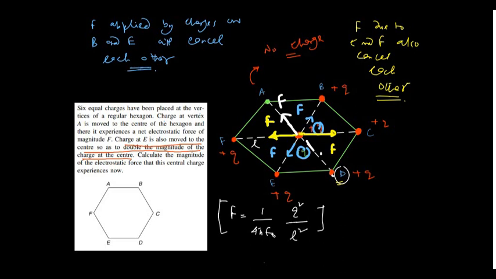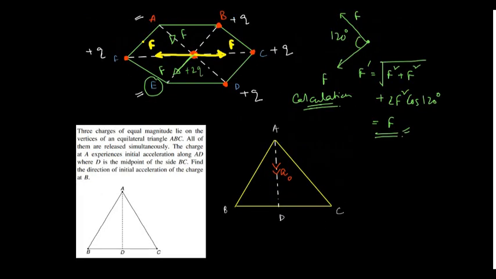Then I apply a similar analogy when the charge from E is also moved to the center. When E is moved to the center, only one cancellation is there, along this line. Otherwise there are two forces acting at a 120 degree angle, and I am applying vector resolution. Okay, so let us move on to the next discussion.